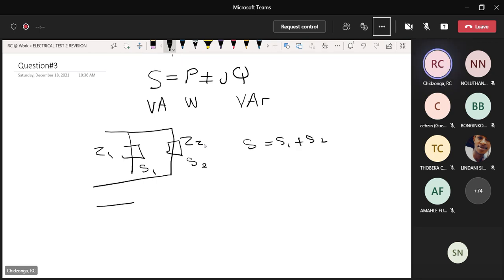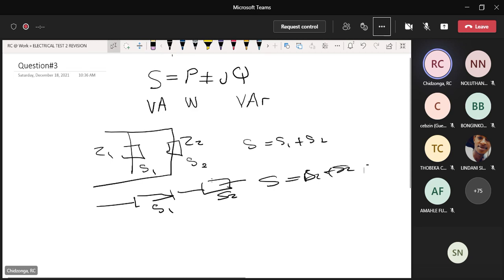Even if they were in series like this, with two components, this one consuming S1 and this one consuming S2, you still add. It's S1 plus S2. There's nothing to say that because they are in series you add, or because they are in parallel you use the parallel formula for adding power.